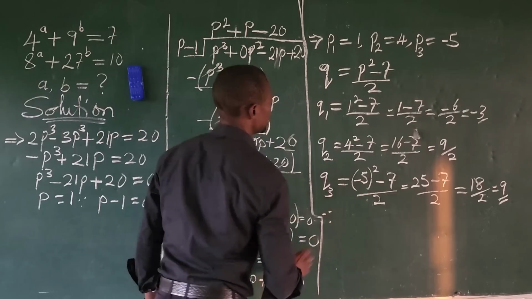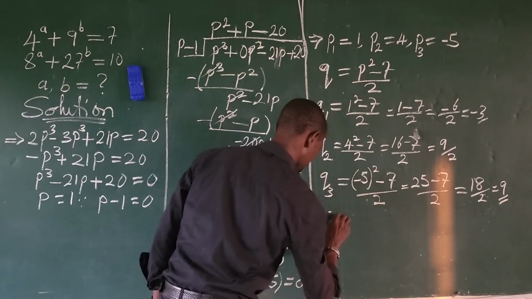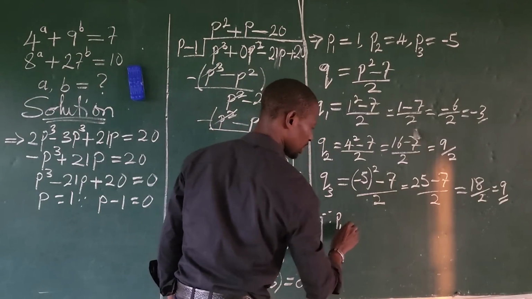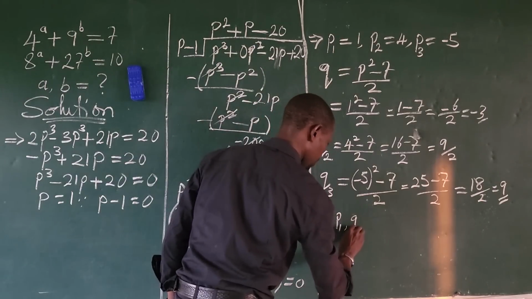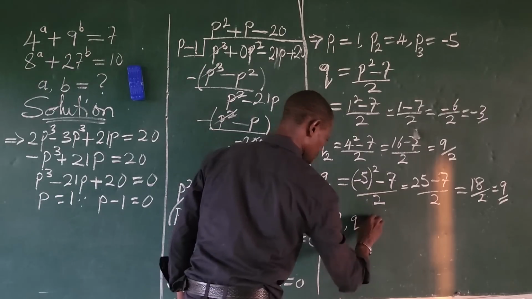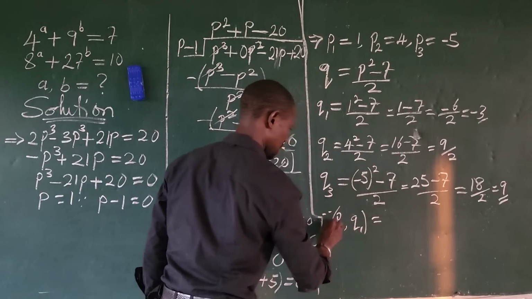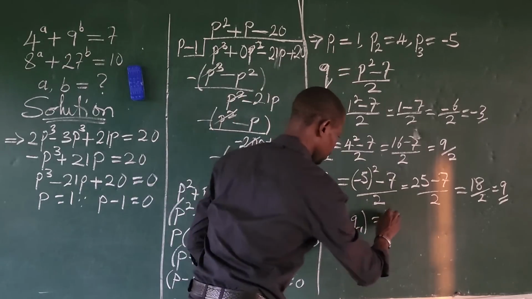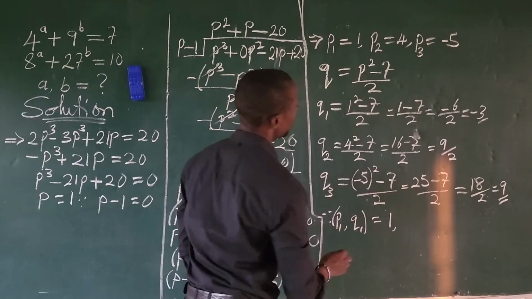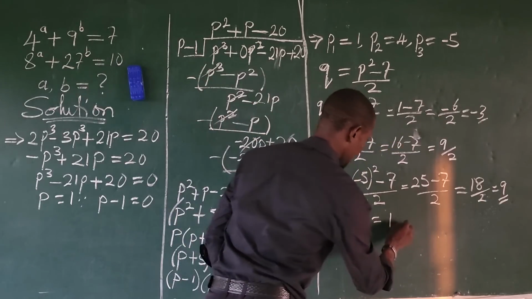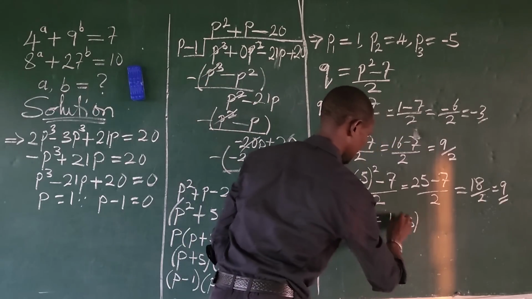Therefore, our P1, Q1 is equal to, let's put this in brackets, 1, comma, Q1 minus 3.